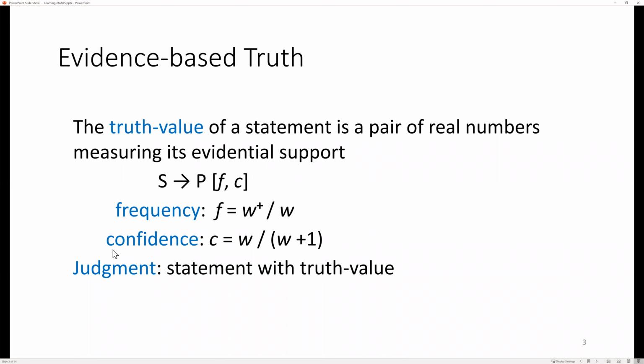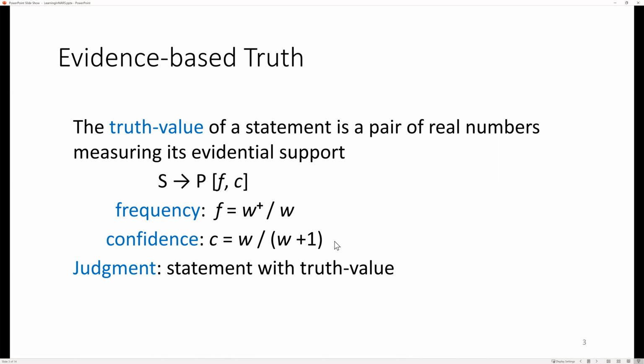Then the second one is unique in this system. It's called confidence, which is a function of the total amount of evidence. That's what you have tested compared to what you're going to know after the next testing. So that's why W is compared to W plus 1.